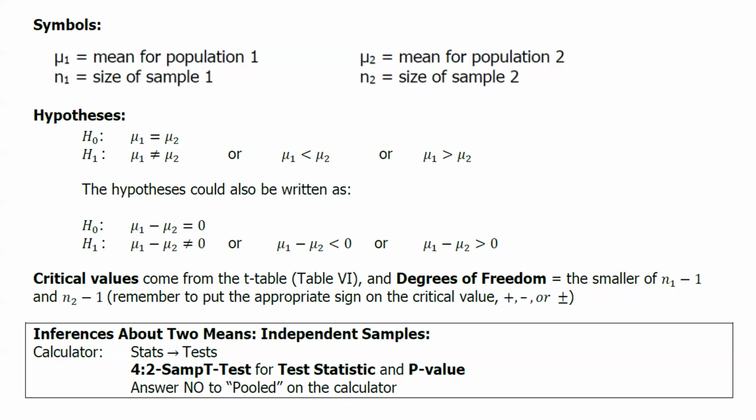You can find that in your formula chart, or you can use your calculator, and degrees of freedom. Okay. So remember, the degrees of freedom is going to be smaller than your sample size by 1. Remember to put the appropriate sign on the critical value, whether it's positive, negative, or positive and negative.